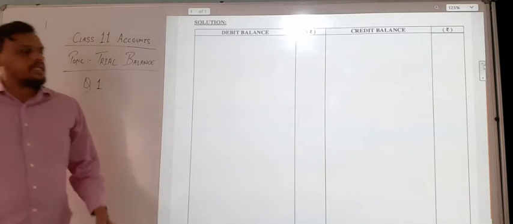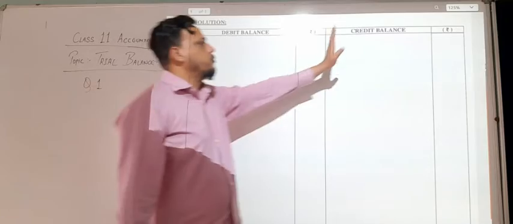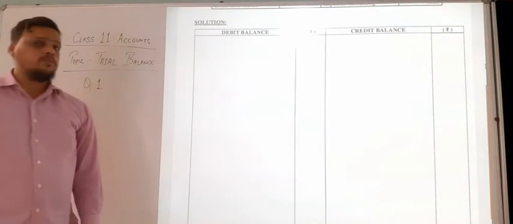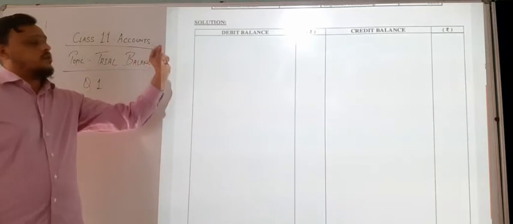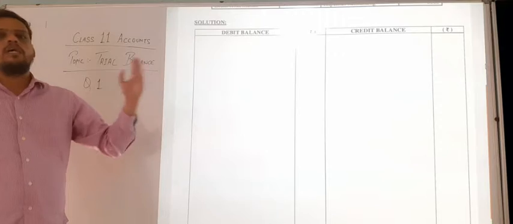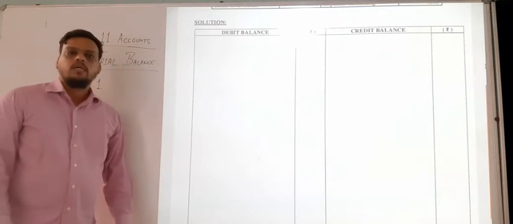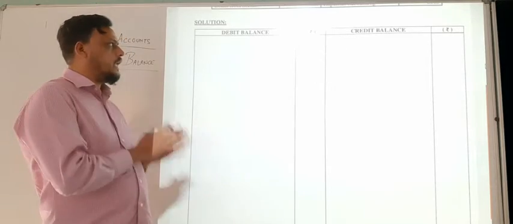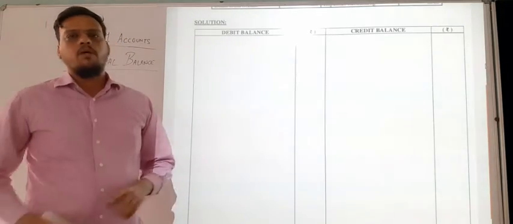You should make a debit balance in rupees and a credit balance in rupees. And one more thing, it has to be mentioned on the top: Trial balance of Sri Amit as on 31st March 2018. This much content has to be written on the top.